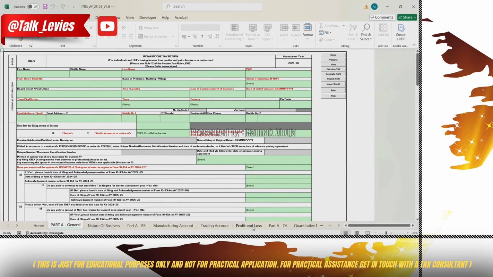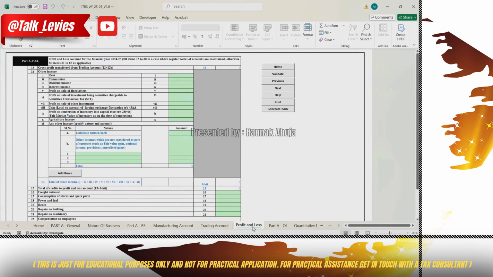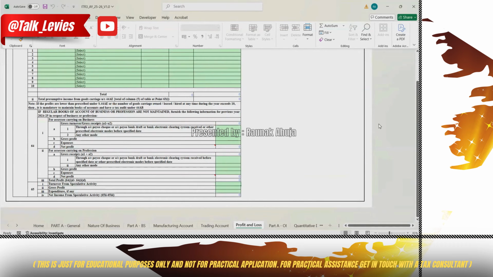That is this one. Click on this, and in case you do not maintain proper books of accounts, then scroll to the bottom, that is to serial number 65. In Roman 1, we'll be mentioning the turnover from speculative activity, since intraday trading activity is a speculative business activity.